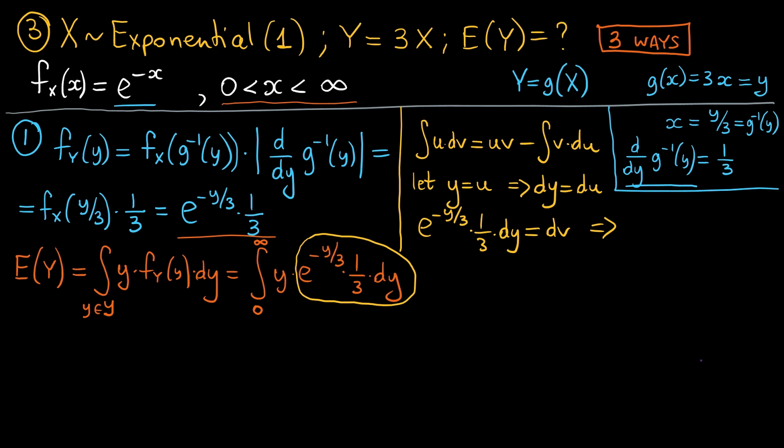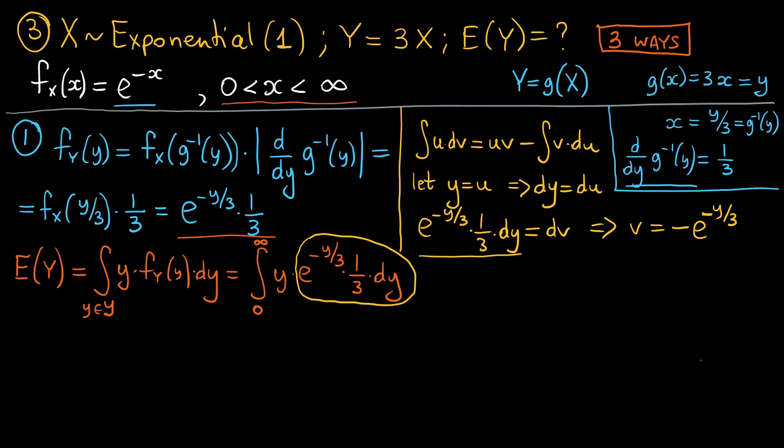So that means that v will be given by the integral of the left side, which is just minus e to the power minus y over 3.